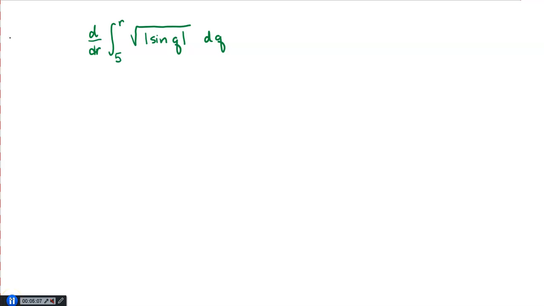I don't want to have to think about finding an antiderivative, but I don't have to because the fundamental theorem tells me that if I have the derivative of this function, which goes from a constant to the variable that I'm differentiating with respect to, of some integrand, the answer to that is just going to be the integrand with the upper limit of integration variable plugged in.